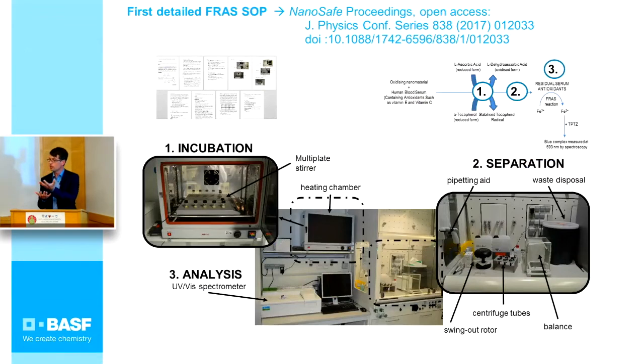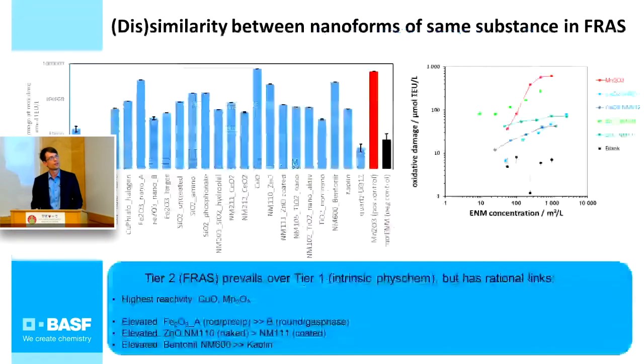So you test the reduction of this iron complex. So it's a 3-step process, and it turns out to be very, very sensitive. We just published the detailed protocol on this. It's the first time that the protocol is described in full detail.